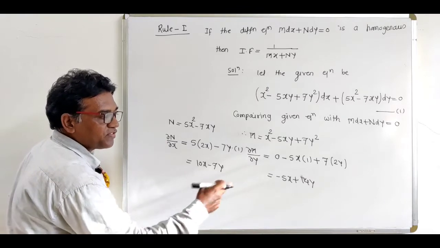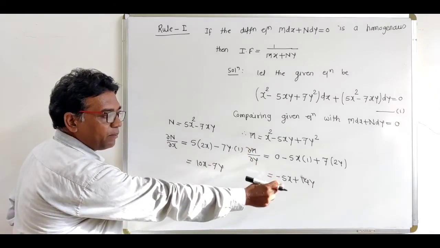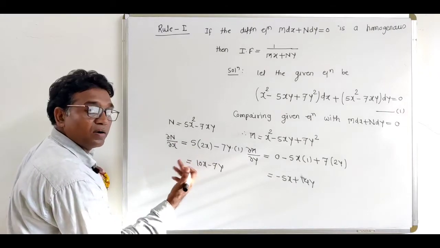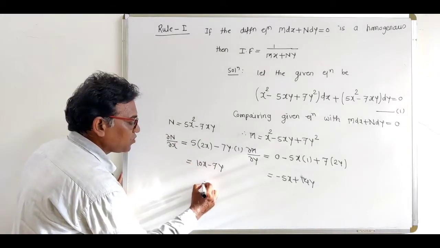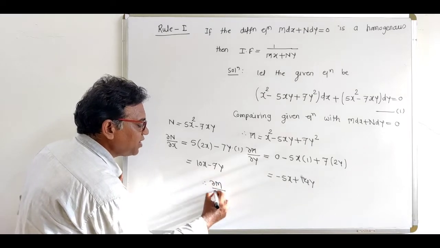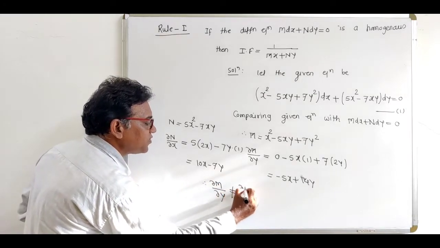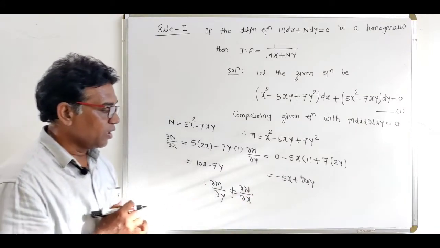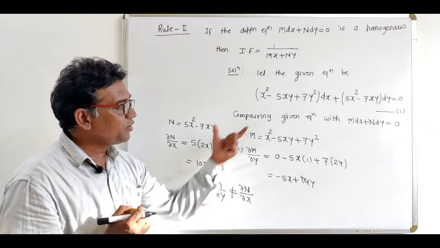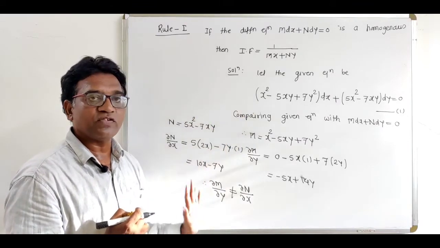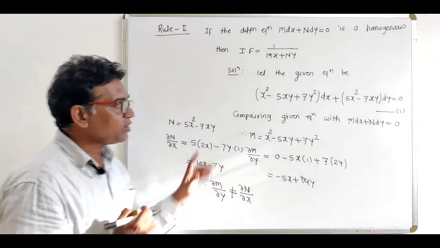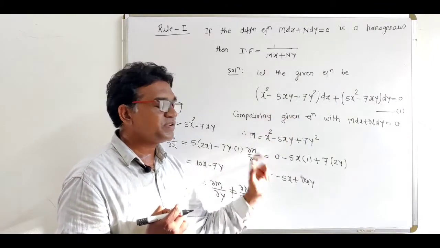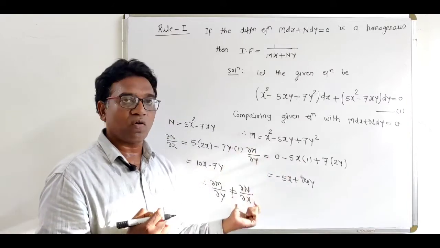So what is our observation? The partial derivative del M by del y and the partial derivative del N by del x have different values. Therefore, del M by del y is not equal to del N by del x. So this equation is said to be a non-exact differential equation. First of all, we have to verify whether the differential equation is exact or not.